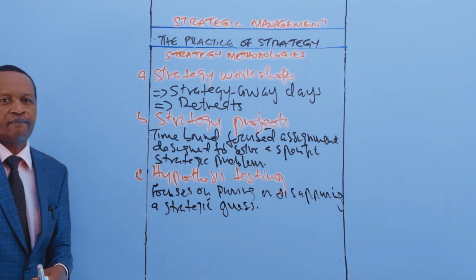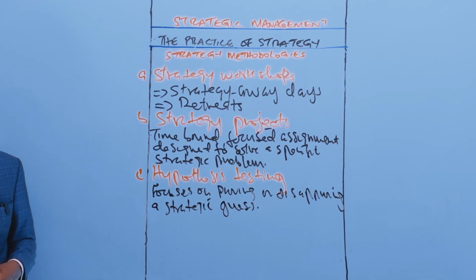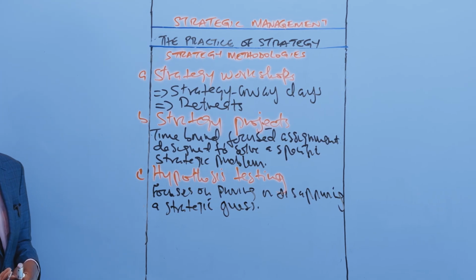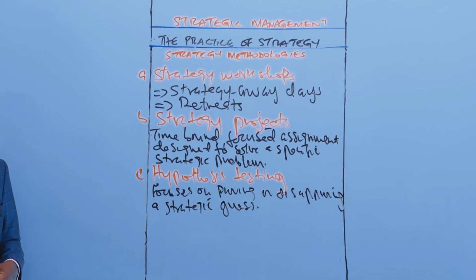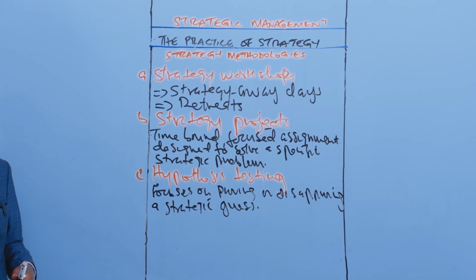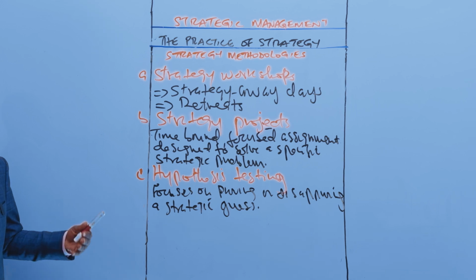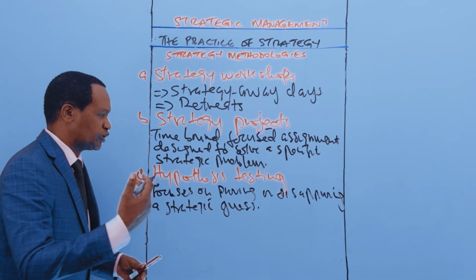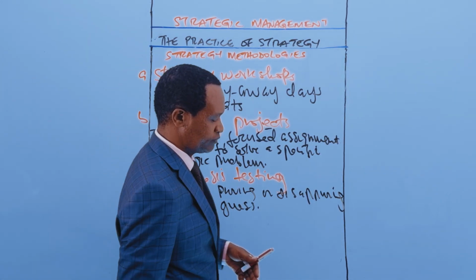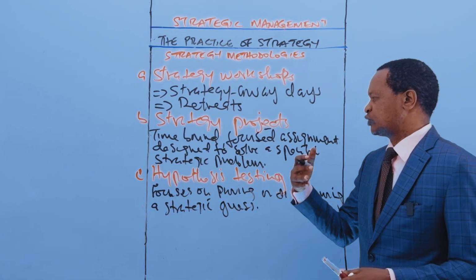You understand? So the process, candidates, starts by, instead of gathering all data, the team starting with an initial hypothesis. For example, you can start by saying, if we switch to a subscription model, we can increase our profits by 20%.